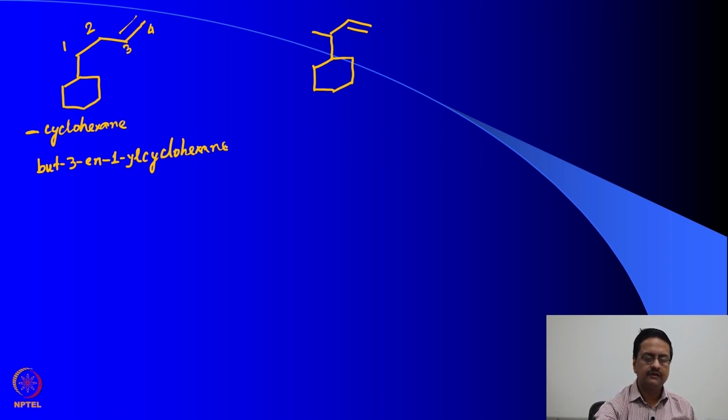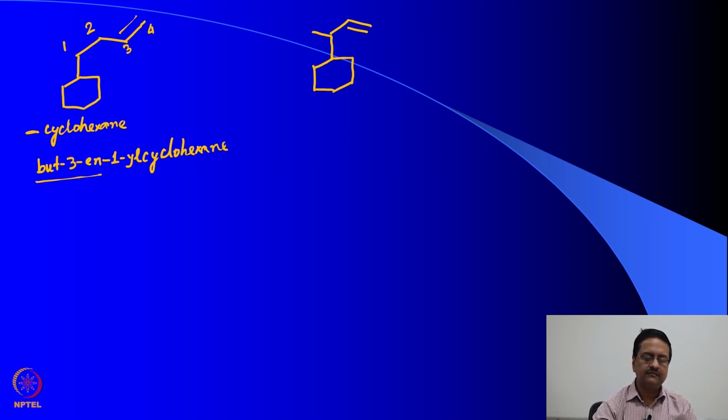See the nomenclature we have done here. We have first found the cyclic chain and numbered the side chain in such a way that the connectivity of that side chain with the cyclohexane ring gets the lower numbering, and then we have written the name of that side chain as this.